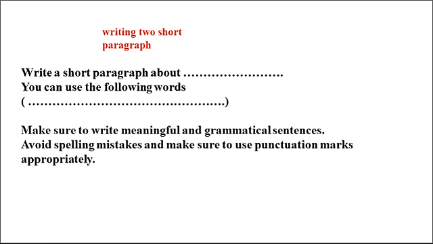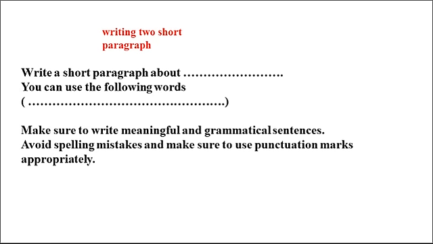First, if you are asked to write, for example, 6 to 8 sentences, you should write at least 6 sentences. You must be careful about the grammar. For example, the tense. If you are talking about something in the past, you should use the past tense.